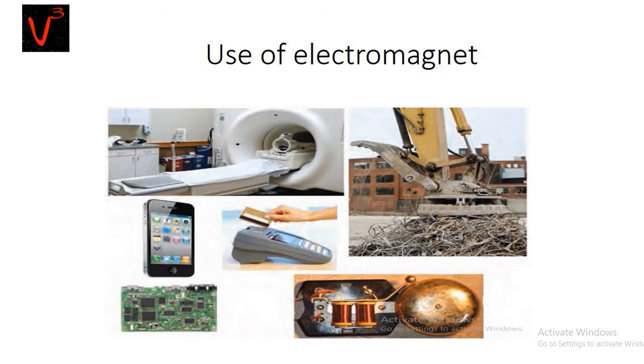There is a crane which is lifting huge metals. In phones, electromagnets are used. In the swiping machine, where you swipe the cards, there also an electromagnet is used. In the digital board, in the doorbell, there also the electromagnet is used.